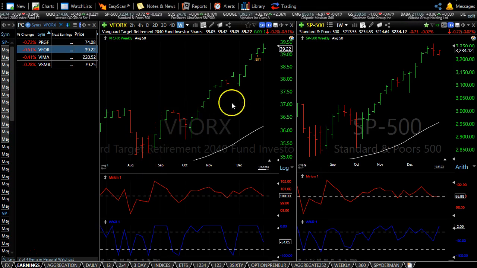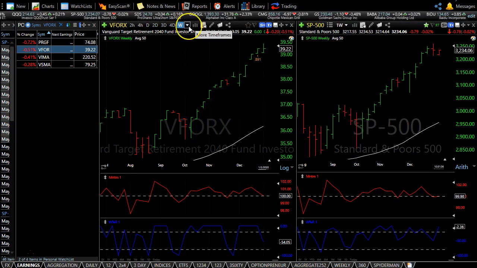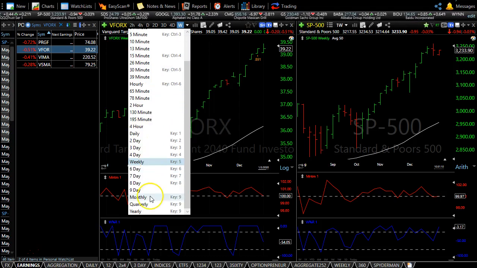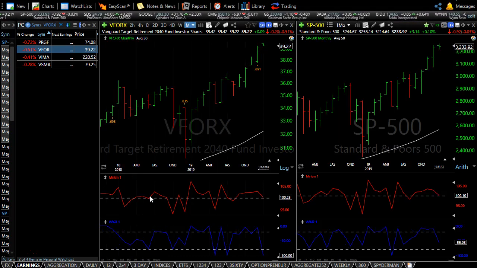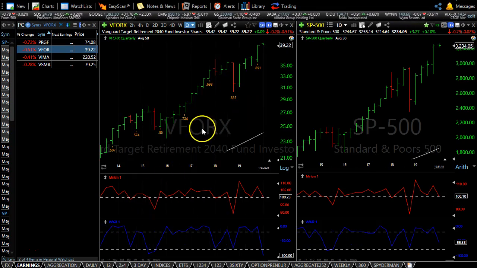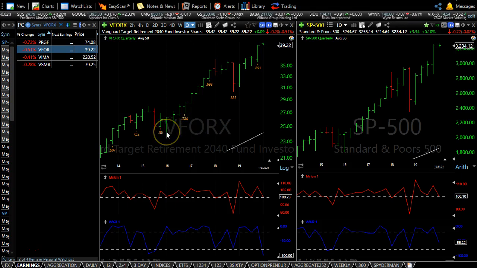Then it started going back up. But with these funds, being that it's a long-term investment, you really want to look at a long-term time interval. So I would suggest looking at the monthly chart, or if you want to go even further, look at a quarterly chart. You know what I mean? This is something that you don't have to look at every day.